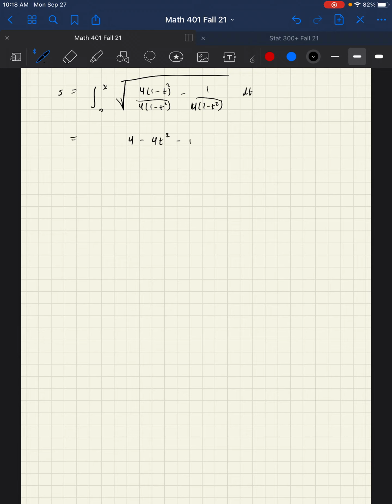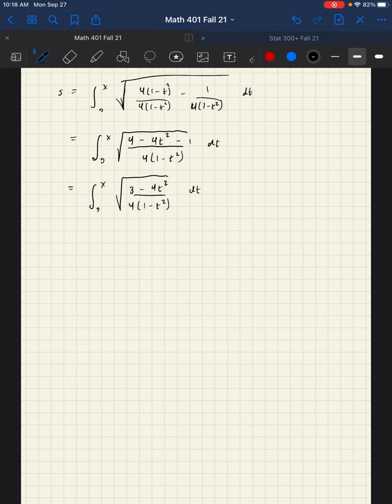Okay. Then we get 4 minus 4t squared minus 1 over 4, 1 minus t squared, all underneath the square root. And then you get 3 minus 4t squared over 4 times 1 minus t squared squared.